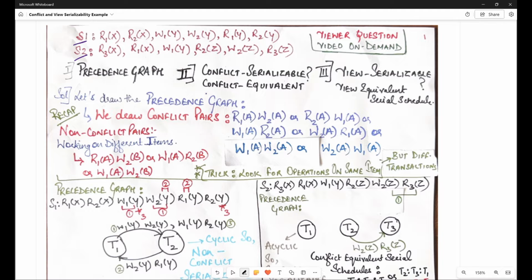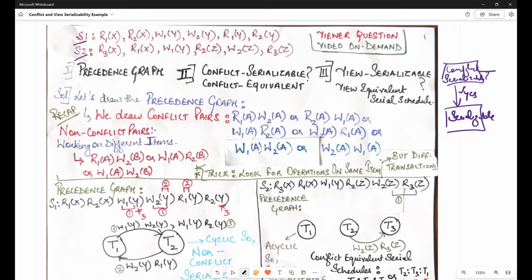That we've already discussed in a basic video where I've drawn the entire flow chart, that if a particular schedule is conflict serializable, so if it is a yes, then it is serializable. You don't need to check anything else, okay? But if it is a no, then you check for view serializability.